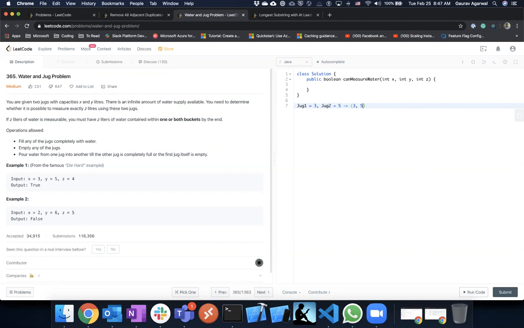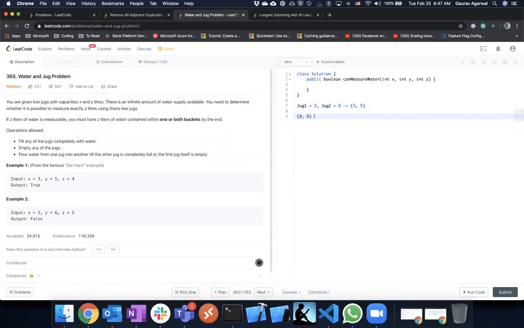So we can use as much water as we want, we can even waste as much water as we want, which is not ideal. The first operation is that we can fill any jug completely with water. Assume both jugs are empty to start with.